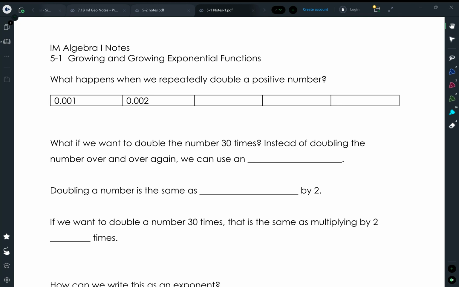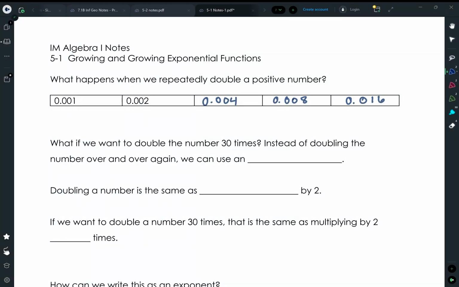So if I multiply by 2 again, I would have 0.004. And then again would be 0.008. And then when I double the 8, I get a 16. So I have 1,000th, 2,000ths, 4,000ths, 8,000ths, and then 16,000ths.